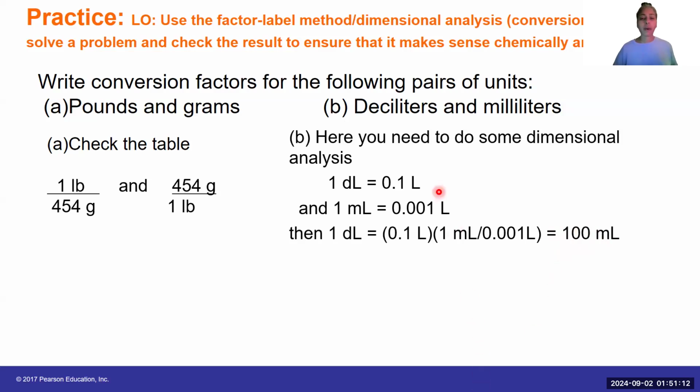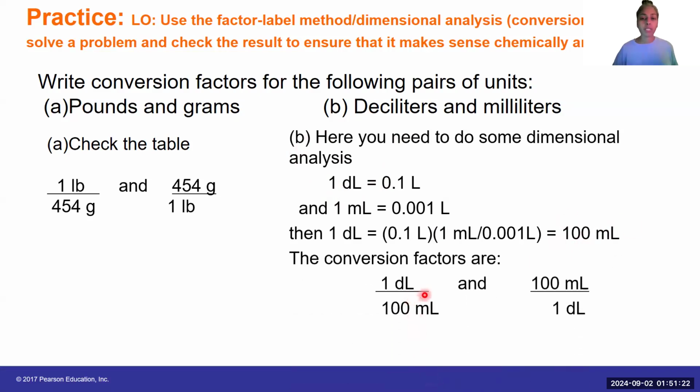So let's go back to our conversion between deciliters and milliliters. 1 deciliter is equal to 100 milliliters. So that would be 1 deciliter divided by 100 milliliters, which is also equivalent to 100 milliliters divided by 1 deciliter.